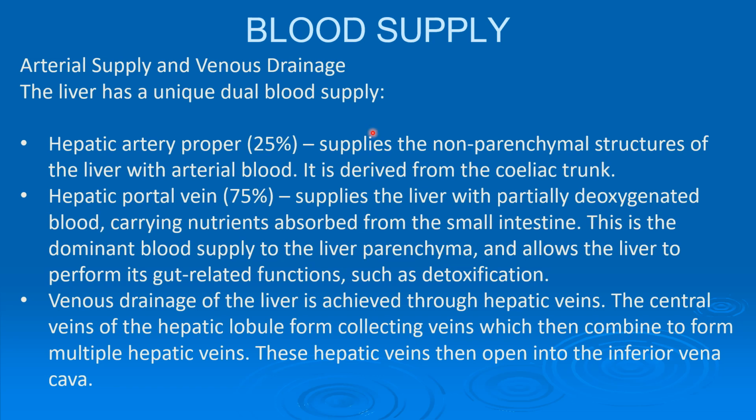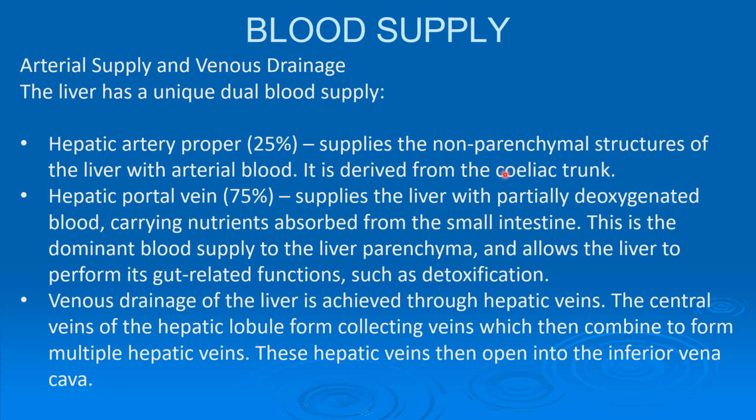About the blood supply of the liver. The liver has a unique dual blood supply. 75% of the blood is supplied from the hepatic portal vein and another 25% is supplied by the hepatic artery proper. The hepatic artery supplies non-parenchymal structures.